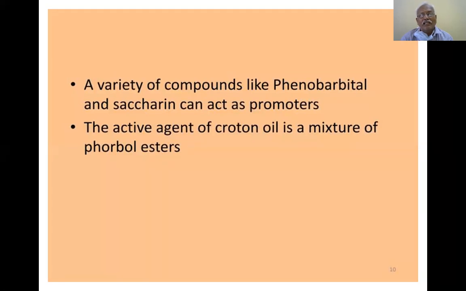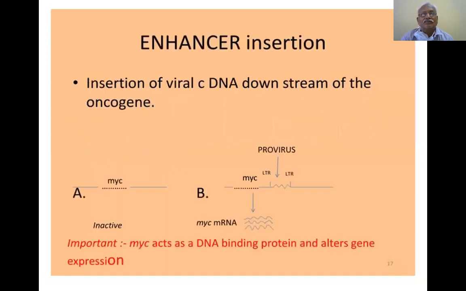The active agent of cotton oil is a mixture of phorbol esters. Phorbol esters are a big topic in organic chemistry, and we got exposure to them in our organic chemistry. But it is sufficient for you to know that cotton oil is a mixture of phorbol esters and that will induce cancer.